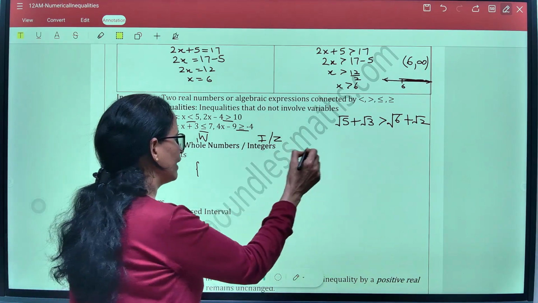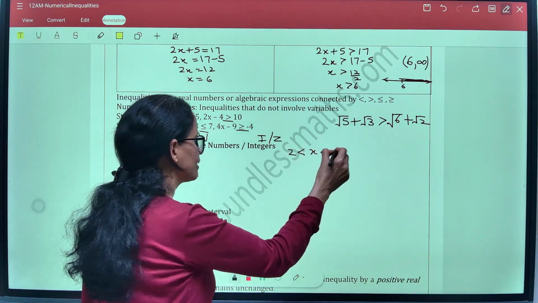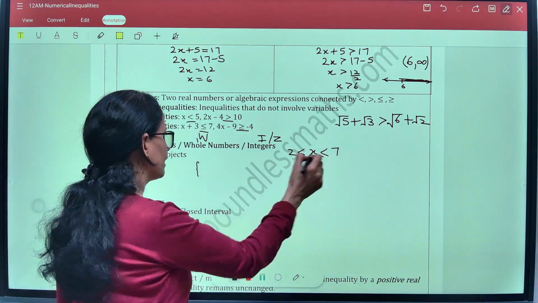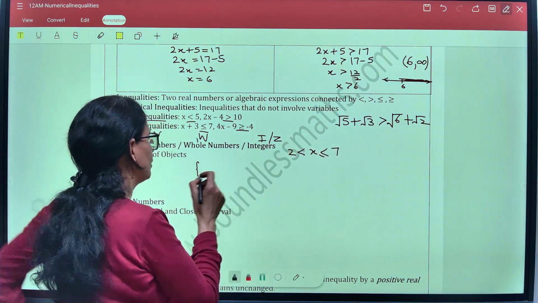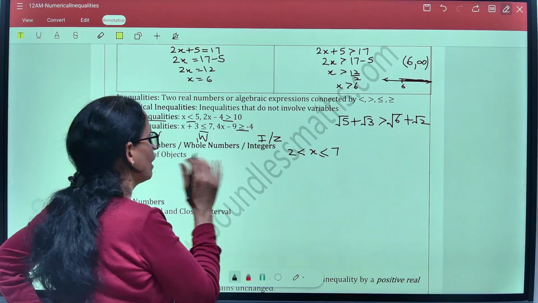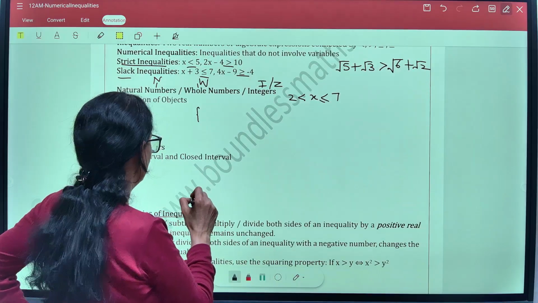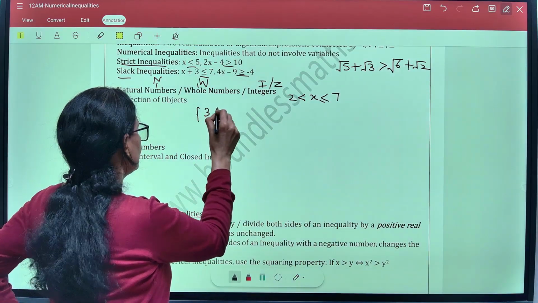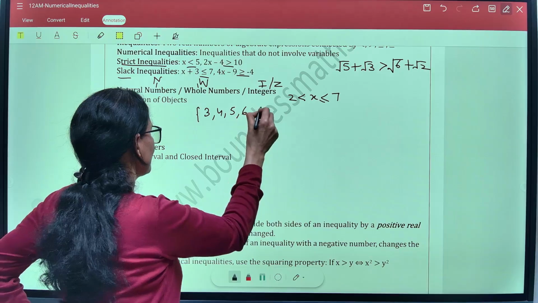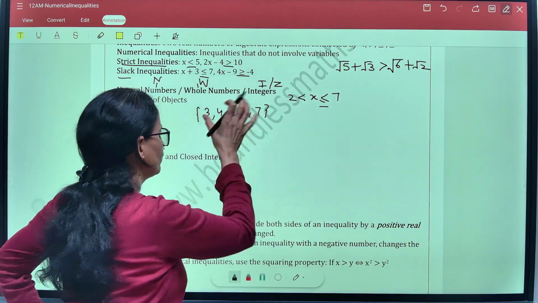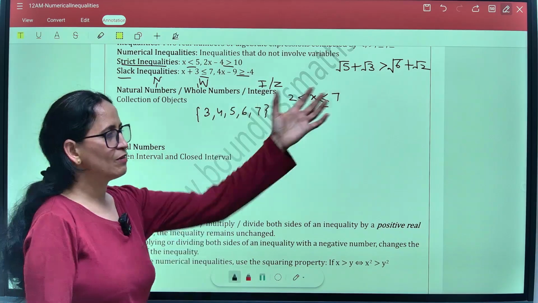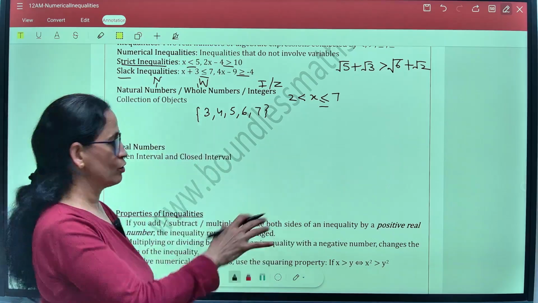For example, if x lies between 2 and 7, then the solution set for this inequality will be {3, 4, 5, 6, 7} because it is inclusive, so we write this. So we use curly brackets when we have to write a collection of objects as a solution.